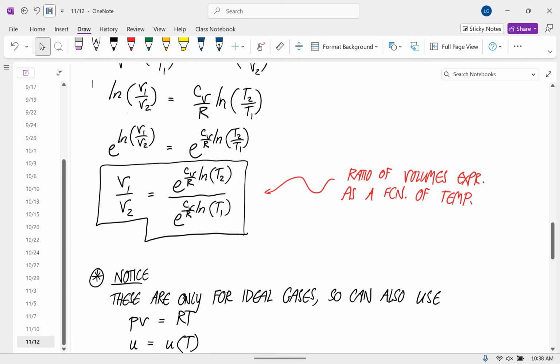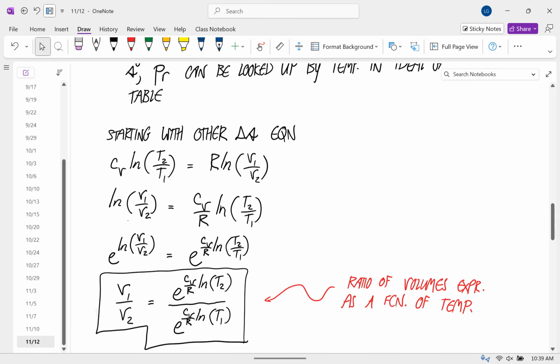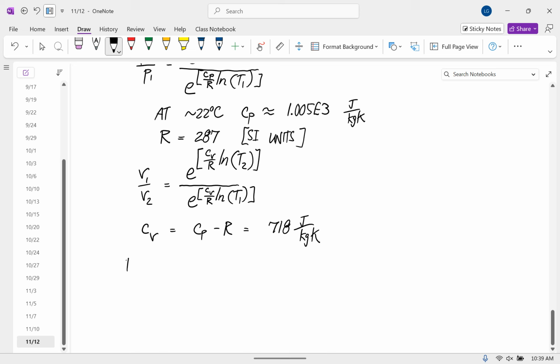And I will multiply both sides by R over Cv. So we have R over Cv times the natural log of V1 over V2 is equal to the natural log of T2 over T1.